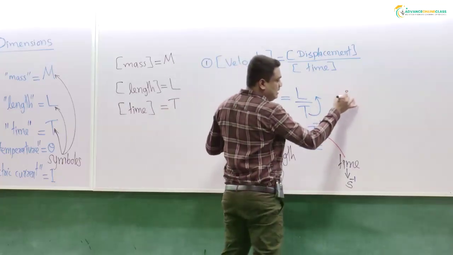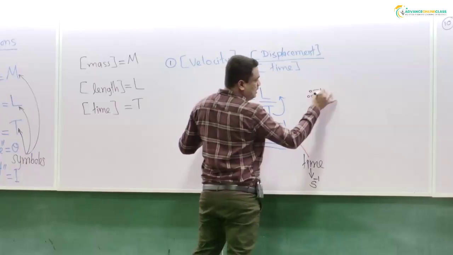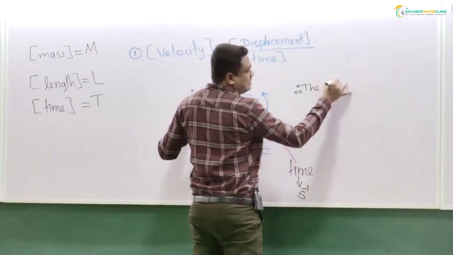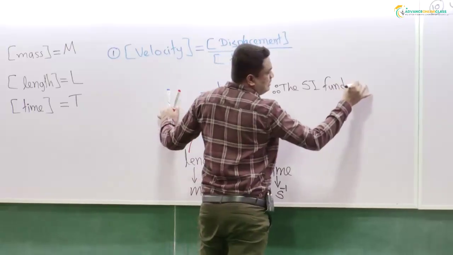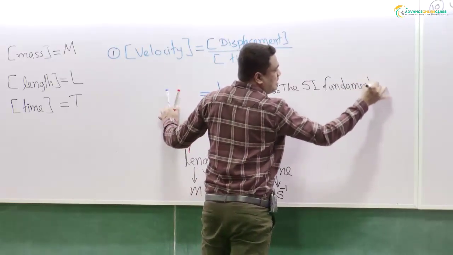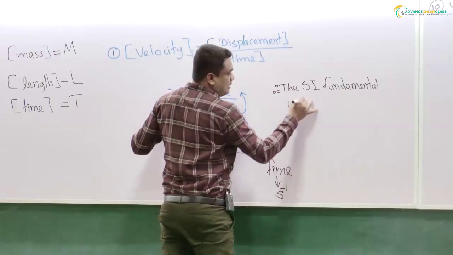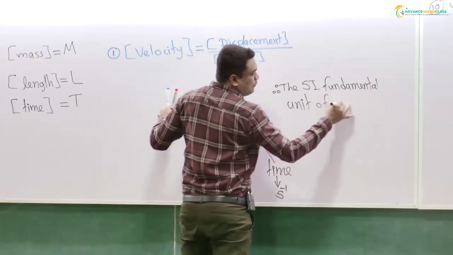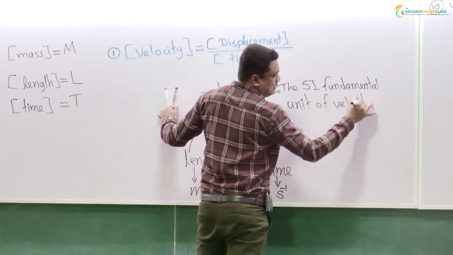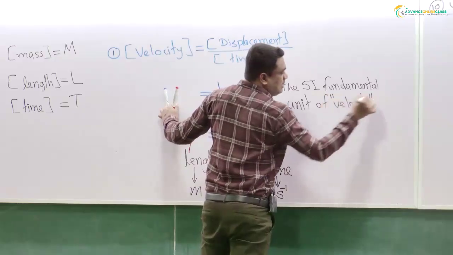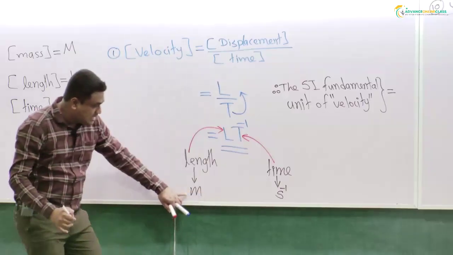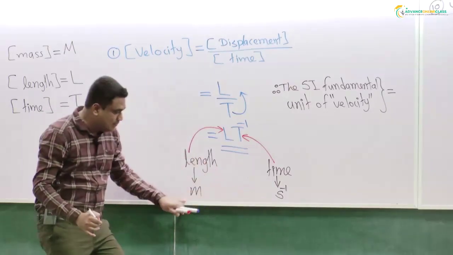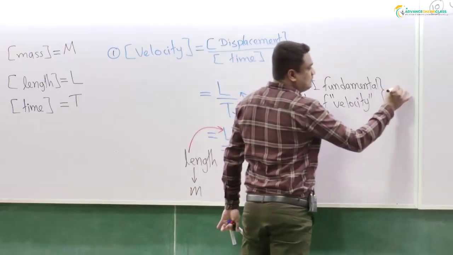Then we say, therefore, the SI fundamental unit of velocity is meter per second, m s to the power minus 1.